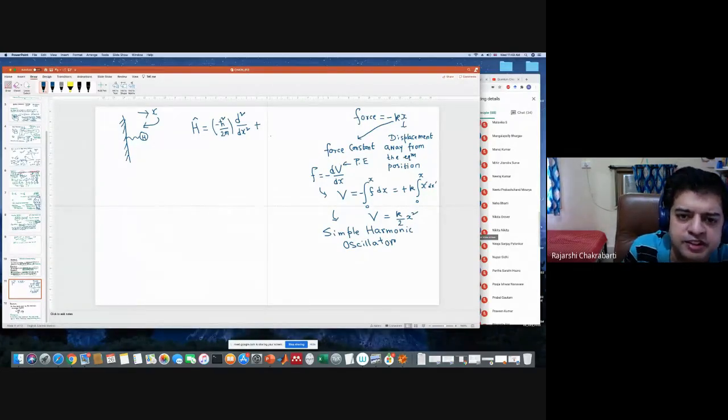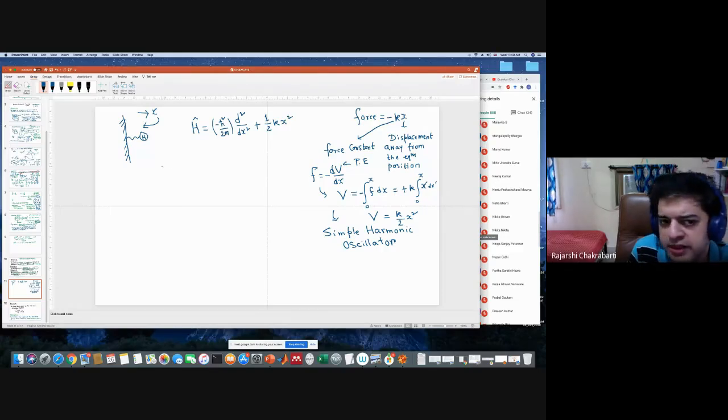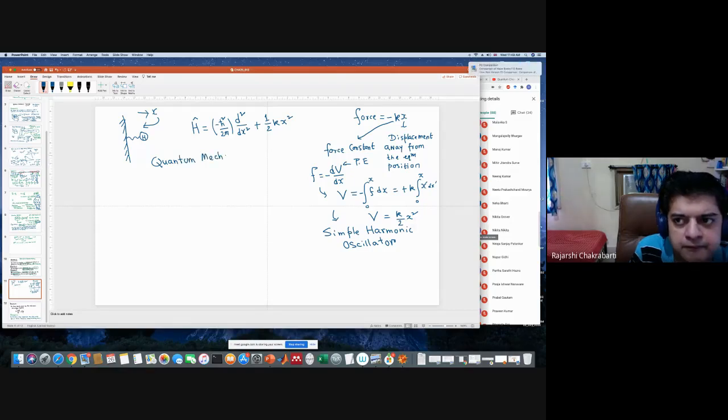So my potential energy is going to be half k x square. We will do the quantum mechanics of this problem later, but let us write down the result of simple harmonic oscillator.